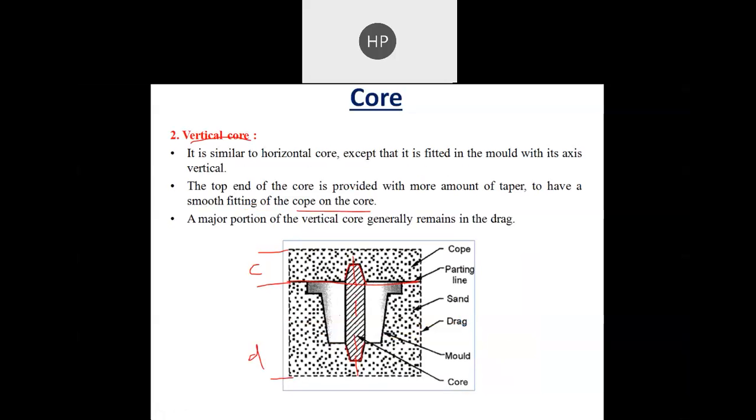So you can see that the maximum portion of the core will be in the drag, while a small portion will be in the cope, and the top surface is given more taper so that the cope can be easily fitted while we fix the core. So this is the vertical core.